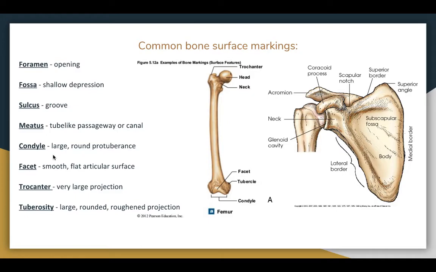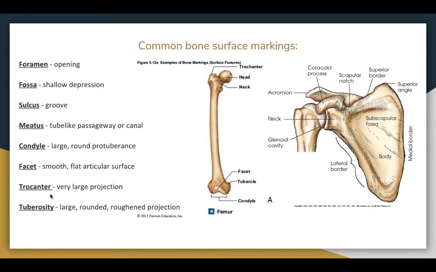The condyle is a large round protuberance. Okay, so you can see down here, these are condyles. A facet is a smooth, flat, articular surface. Okay, so right here is a facet.